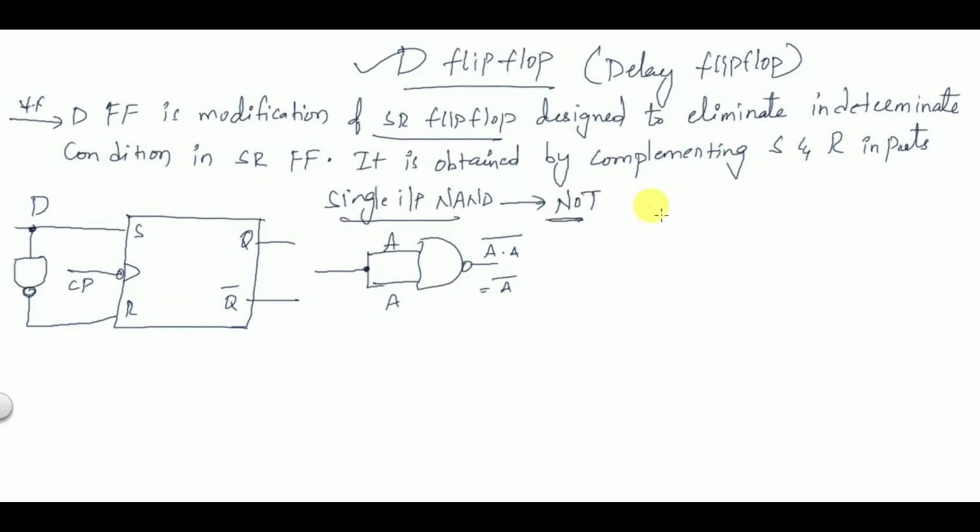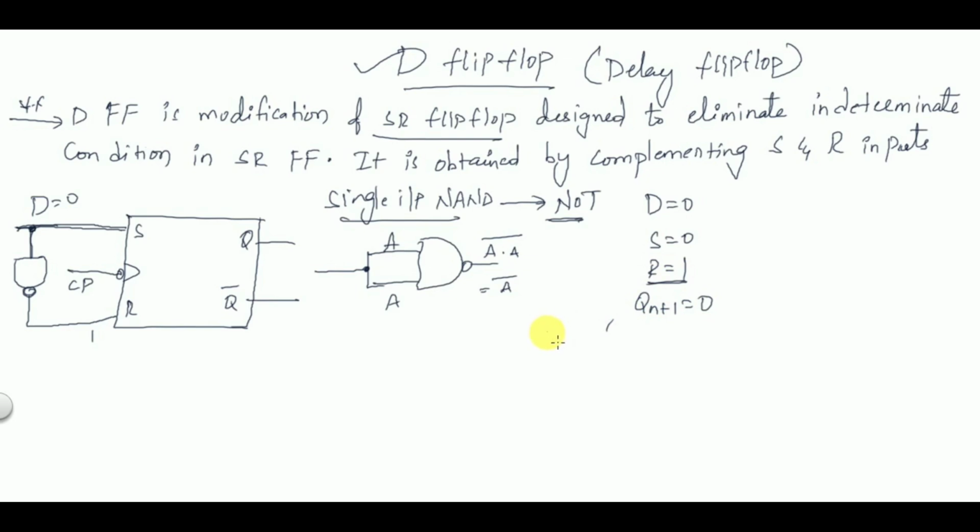Okay, so when D is equal to 0, what happens? This same input is applied here, so S is equal to 0, and this is a NOT gate, so R becomes 1. When S is equal to 0 and R is equal to 1, we have already seen in SR flip-flop Qn plus 1 is equal to 0 because it is the reset condition.